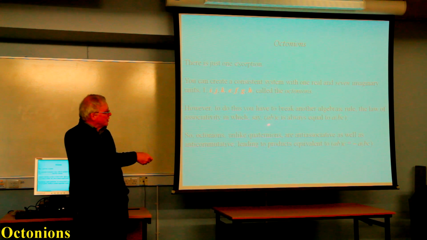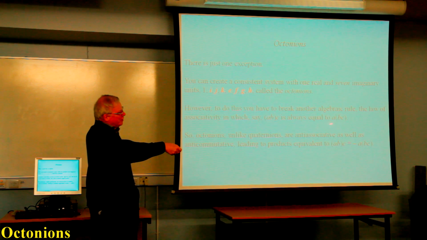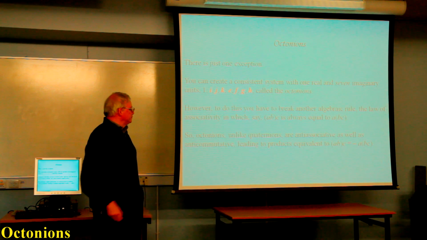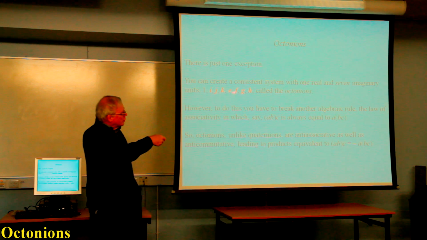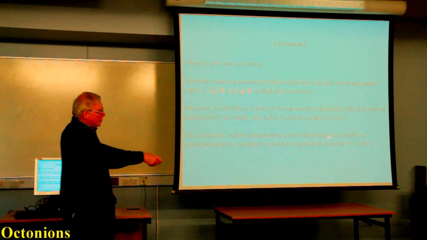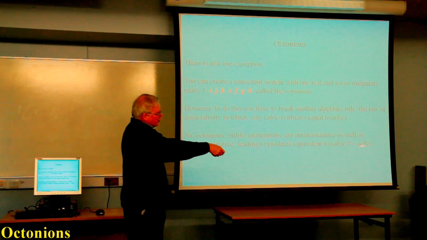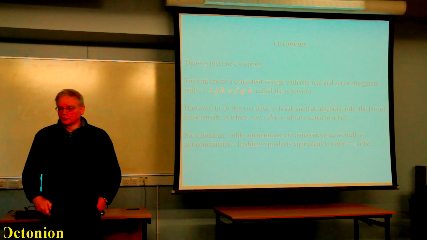And associativity says that A times B and then multiplied by C is the same as A times B times C. And if you draw up a table of octonions, you find that they're anti-associative. So this object equals minus that object, as well as anti-commutative.